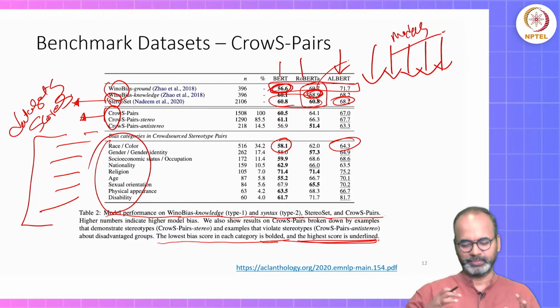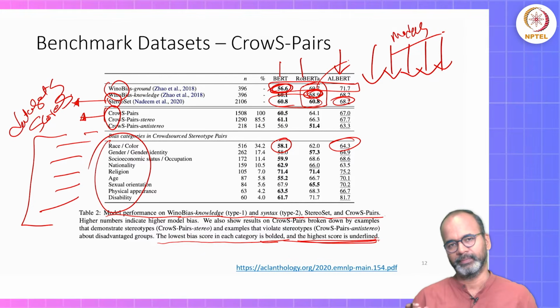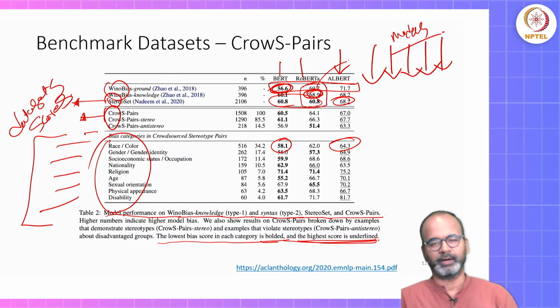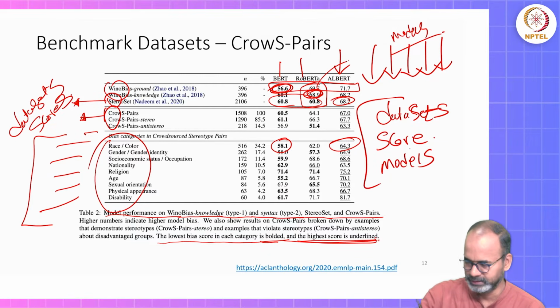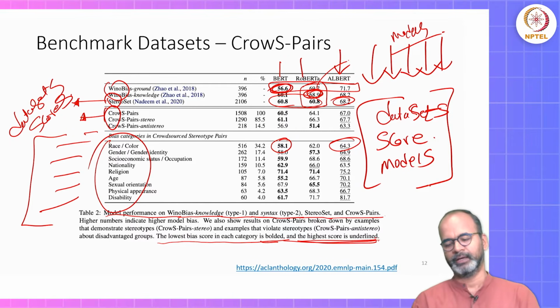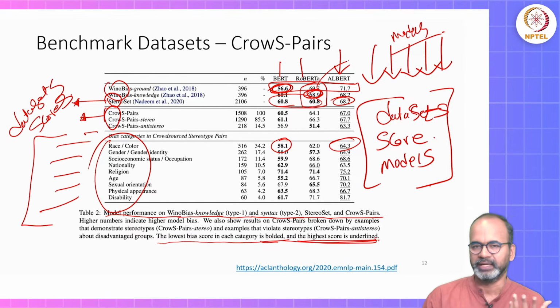So by doing this, we'll see over a period of time how different methods have been created, how different data sets have been created, and scores. So what are the things that are changing for us? Data sets, score, models.